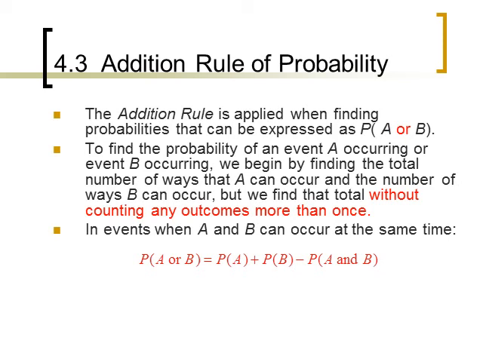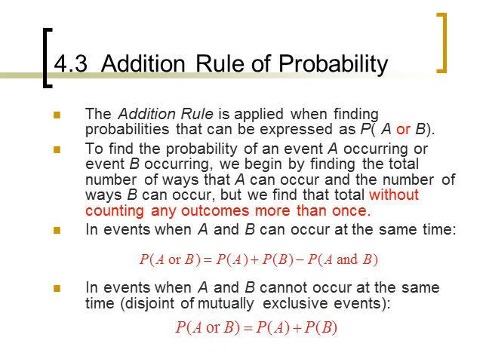A probability situation that applies here would be dealing with a deck of cards, and we're saying what is the probability of selecting a red card or a king. It can occur at the same time that you get a red card that is a king, so in that situation we would have to use this type of formula where we add the two separate probabilities but then subtract the overlap.